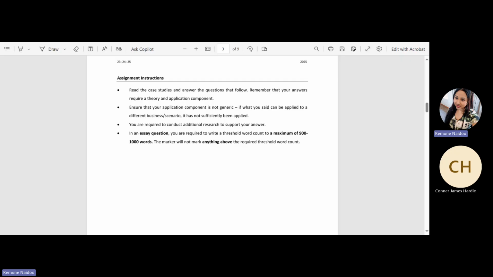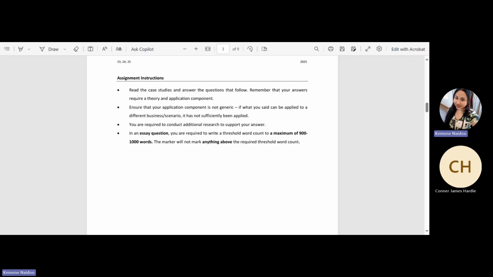You also have a case study, and all the questions that follow relate to this case study. So when you are answering your questions, make sure you relate it back to the case study. That is important. When we mark, we usually look if there's a relation to the case study.